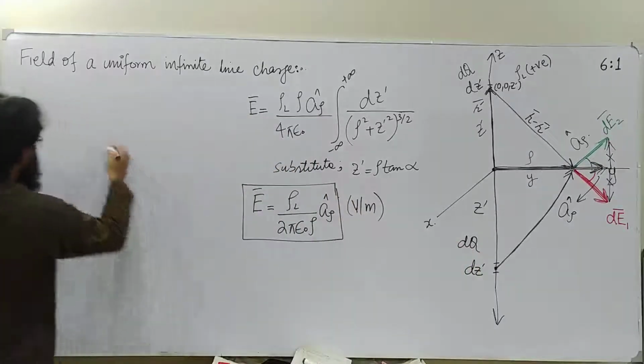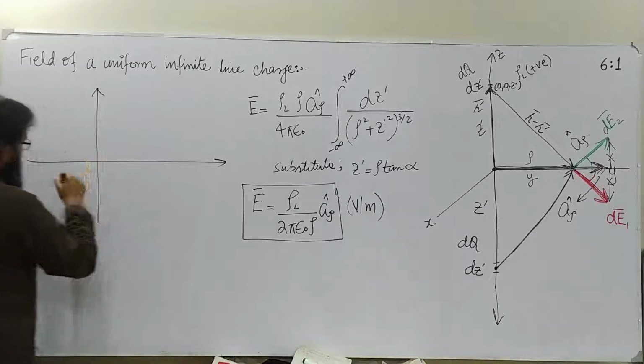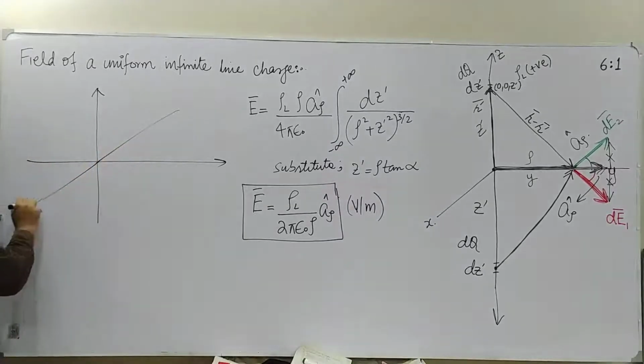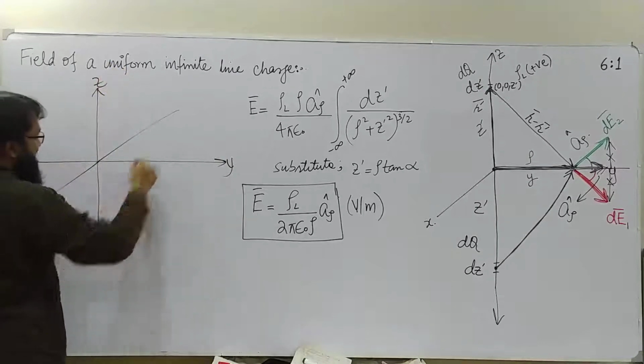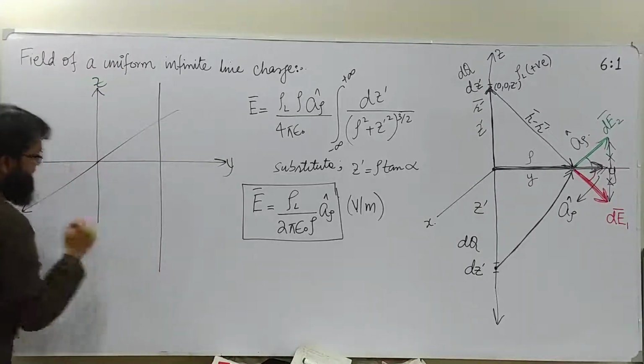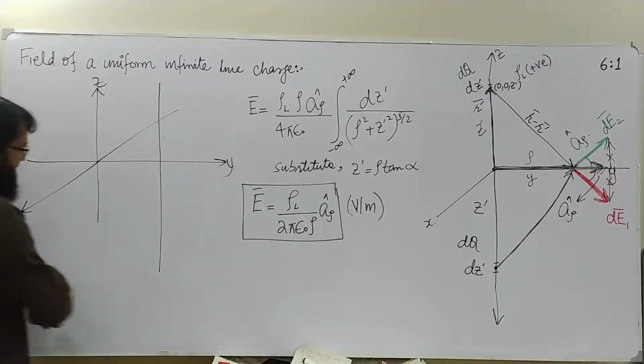So in that case, or in general, let's say this is xyz, and we have an infinite line charge parallel to the z-axis, not on the z-axis, parallel to it.